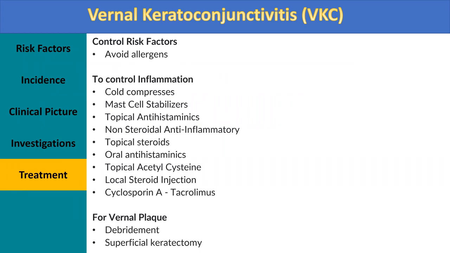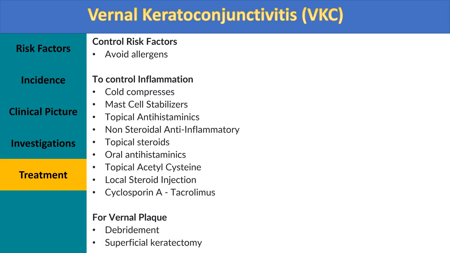For the treatment, again, it will be anti-allergic treatment. But we start first by controlling the risk factors, as this disease means that the child is sensitized to allergens that may not be causing any problem to other people. So first we do prevention, to avoid allergens as much as possible.